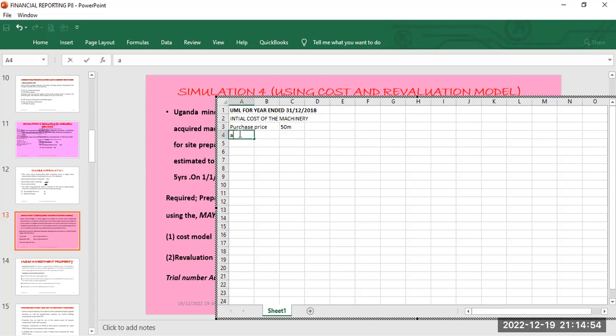And we have to add other incidental costs that are directly attributable to the asset. Let me zoom this a bit.